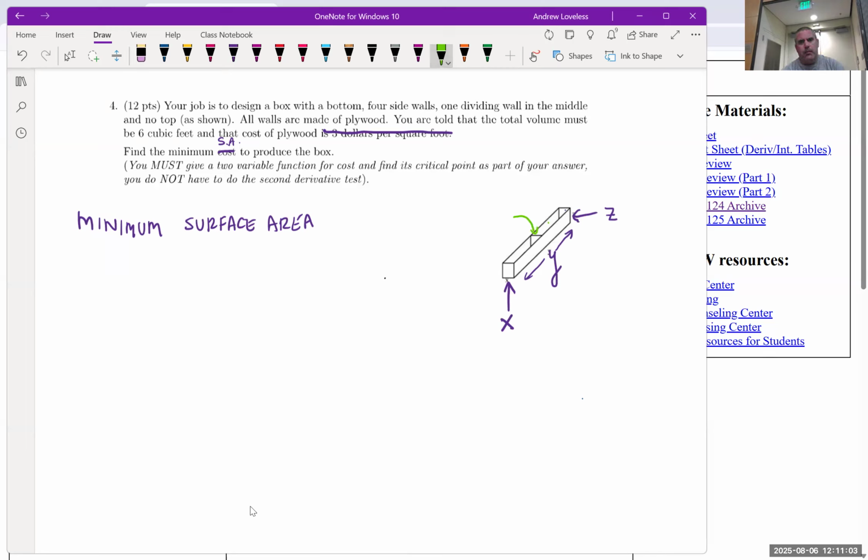And we want the surface area to be as small as possible. And we want the volume to be 6. So for me, the key words there are that we're minimizing surface area. So that's where I would start.